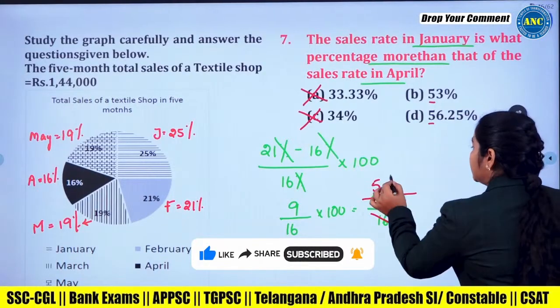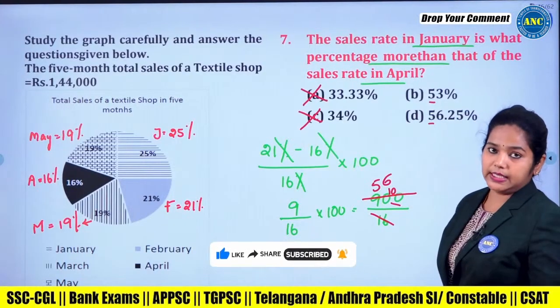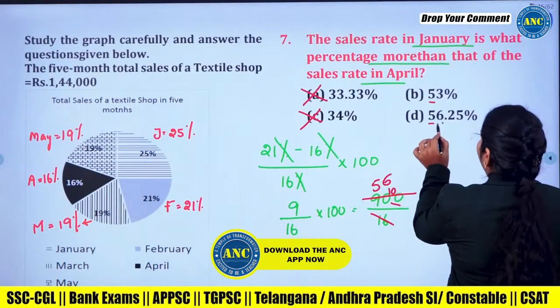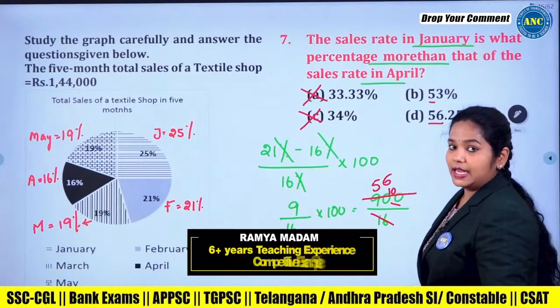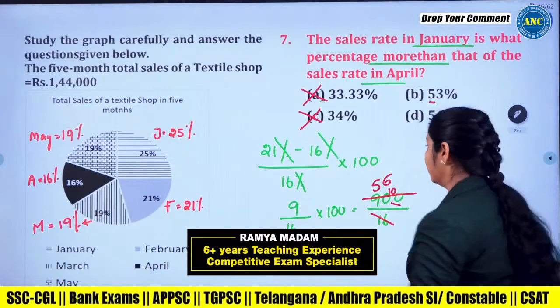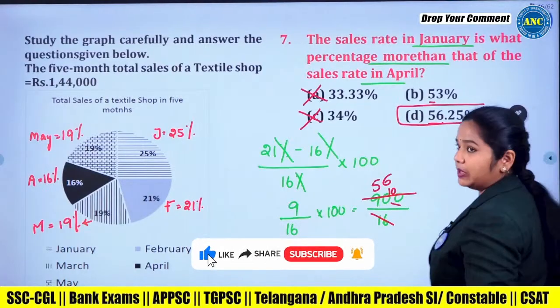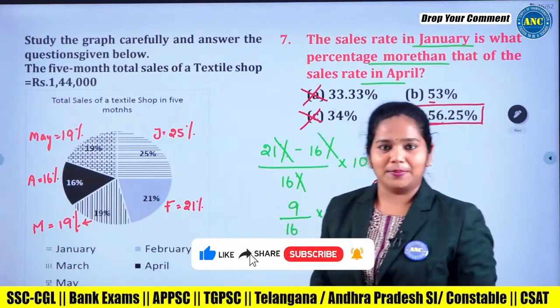So, 16 6 are 96, right? So, 56. Did we all get our answer? Option number D, 56.25% is the correct answer.